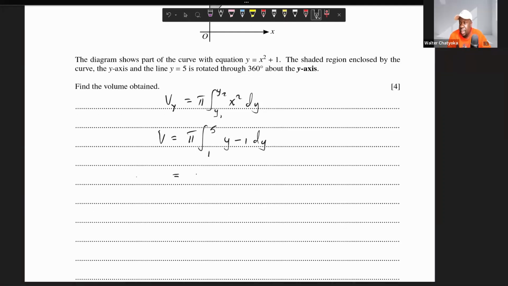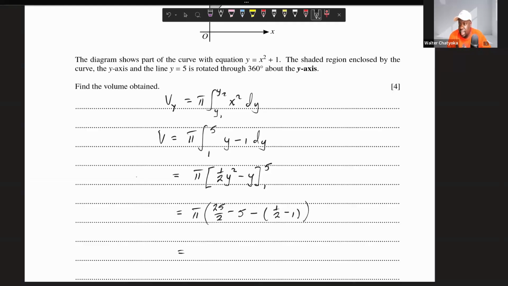So that's going to be pi of half y squared minus y if we do the integration, and the limits are from 1 up to 5, which is pi of, substituting 5, we get 25 over 2 minus 5, and substituting 1, we get a half minus 1.